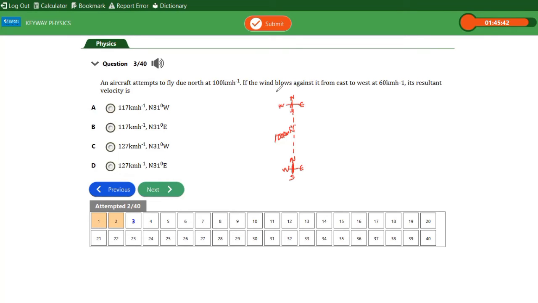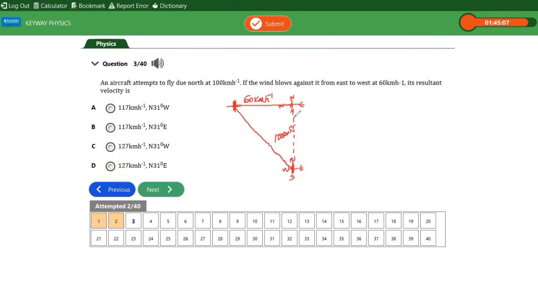So wind blows against it from east, here like this, to west at 60 km per hour. Are we clear? So the resultant is what? Is the line you draw from this point to this point.